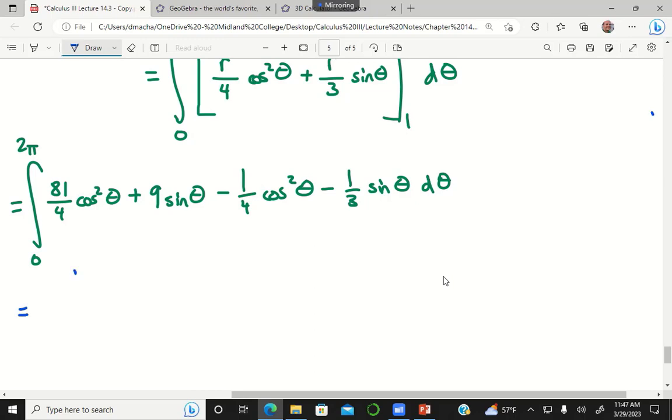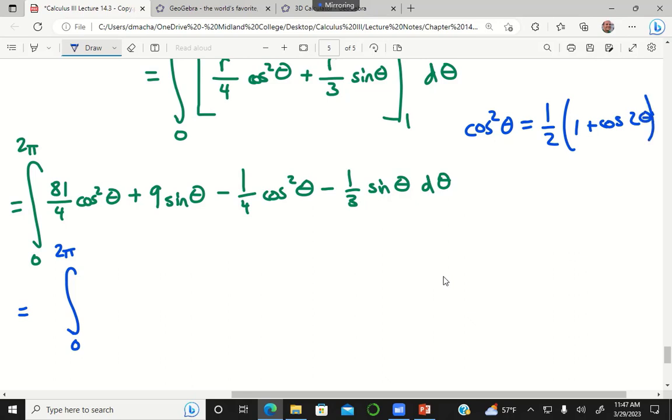Okay, now I have to think about how I would take the antiderivative of cosine squared, and that is not going to be fun. So instead I'm going to use the trig identity that says cosine squared is equal to 1/2 times 1 plus cosine 2 theta.